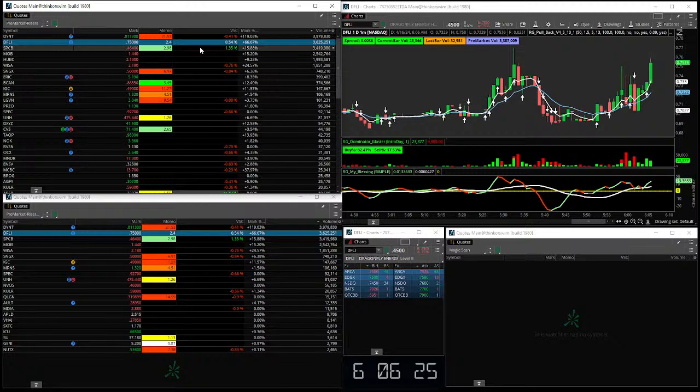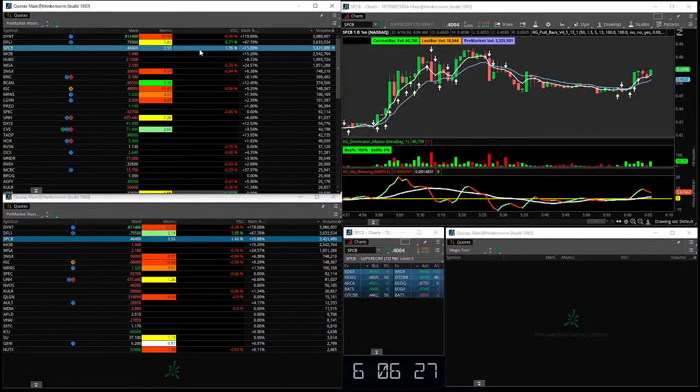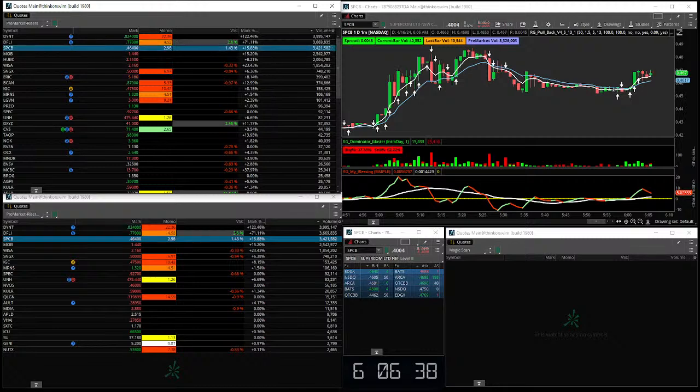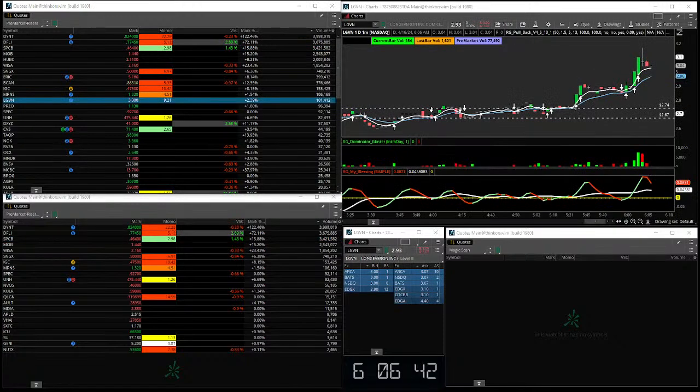The FLI just barely creeping up. SPCB. Not enough volume. I did see LGVN moving earlier. This was yesterday's stock pick.